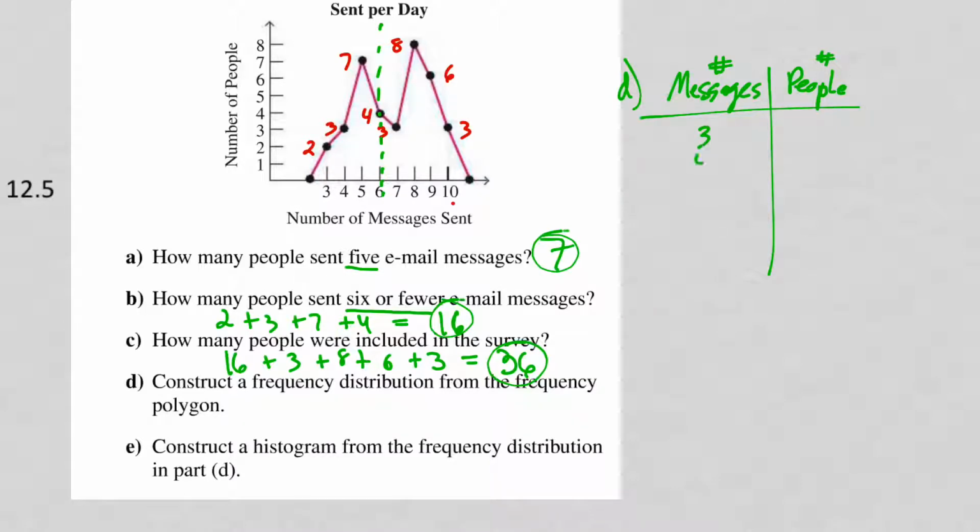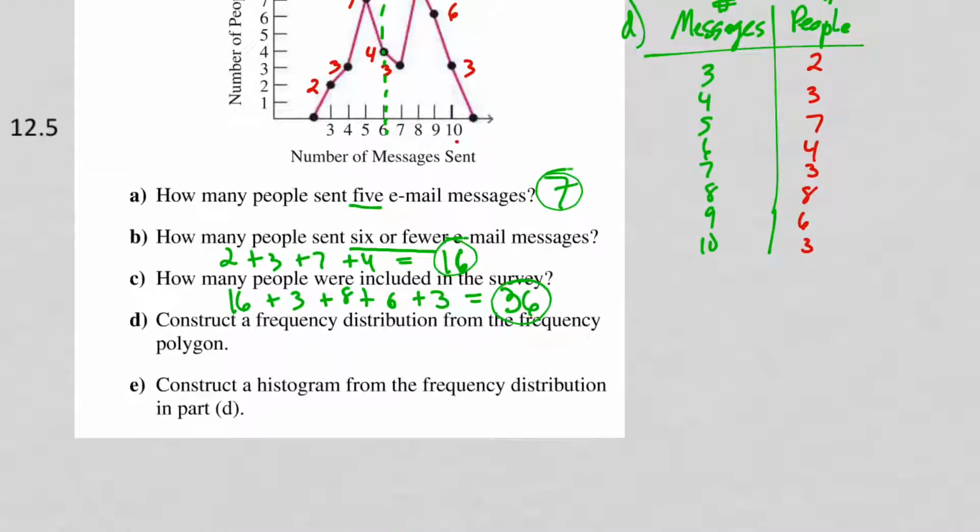The messages go from 3 to 10, and then we just look at the numbers we've already labeled. So it's going to be 2, 3, 7, 4, 3, 8, 6, and 3. Okay, and there's our frequency distribution with a class of 1.